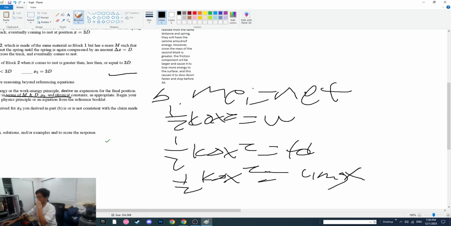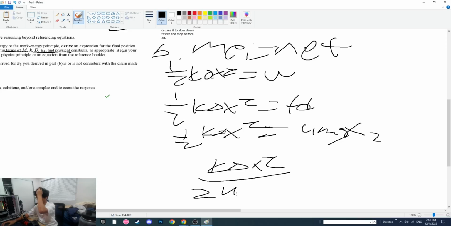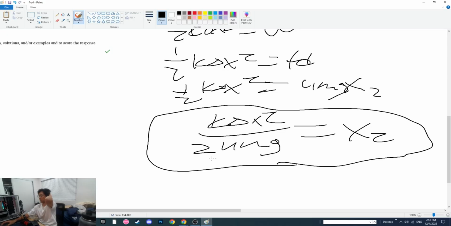And distance is x2. Then we divide by mu mg, and we get our equation for part B.